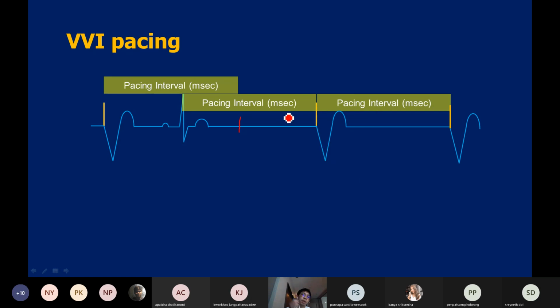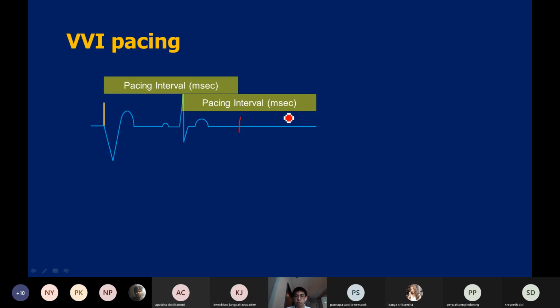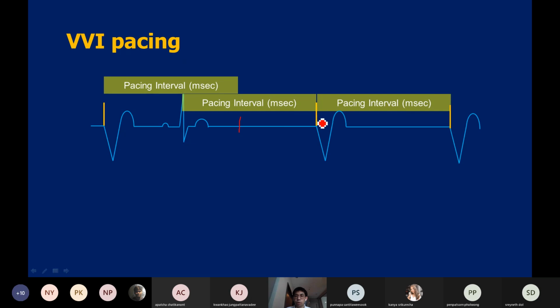This is the same as I described before. And here is another pace. The pacing interval is reached and it paces and captures.